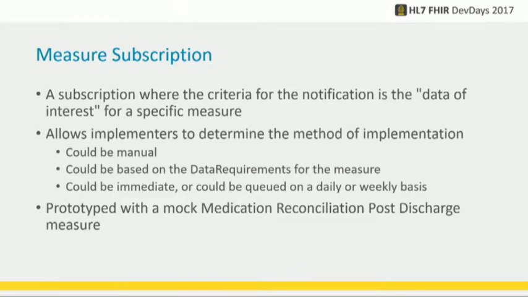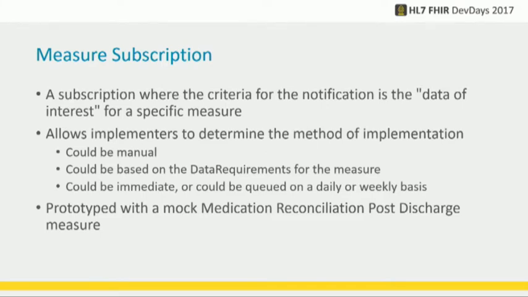So the implementer could manually look at the query and say, yes, we can support subscription to a particular measure, breast cancer screening, because we know that what we're going to return is these procedures, right? And then they can manually put in hooks into that specific system, right?